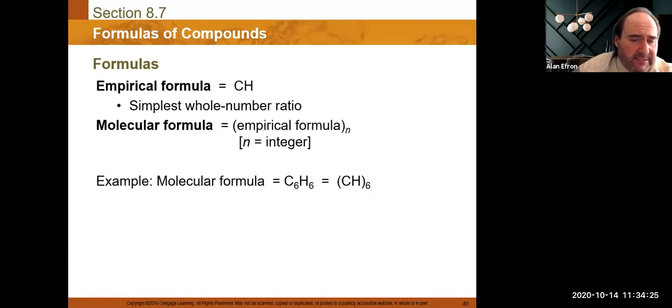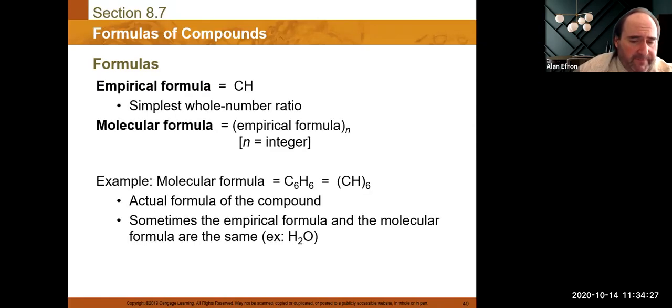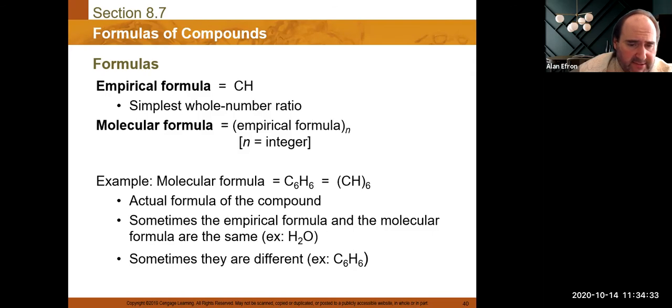So for example, CH is an empirical formula for something like C6H6. C6H6 was our molecular formula. The molecular formula actually tells you what is present, exactly how many atoms of each element. The empirical formula tells you that simple ratio of what's present.